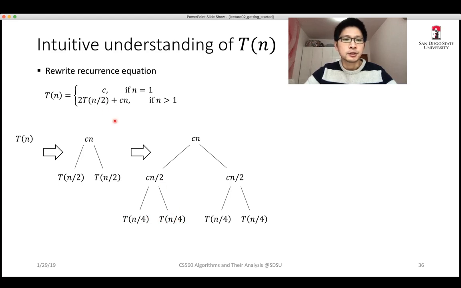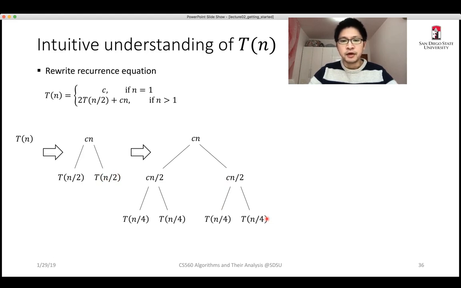So this is according to the definition of T of n. We just replace n with n over 2 in this form, and we can see that this replacement is valid because we do this exactly according to our definition of T of n. And we do the same split to the right node.